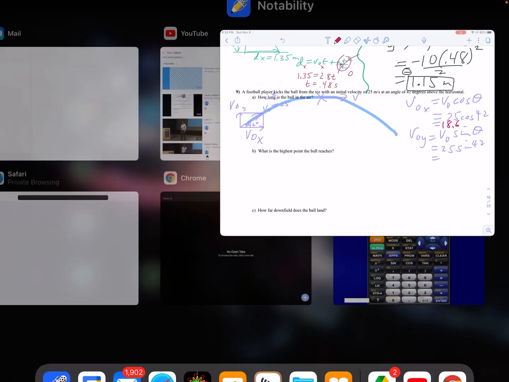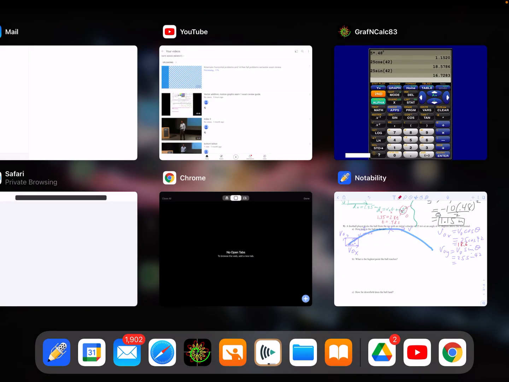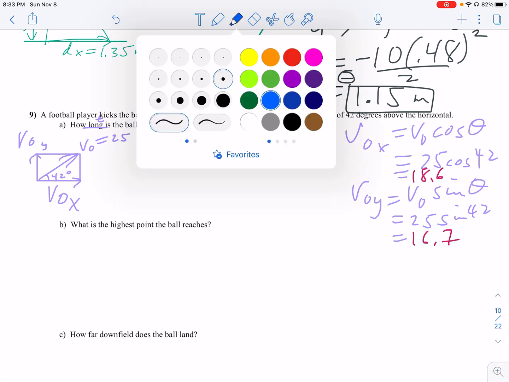And the other one, 25 sine of 42, is 16.7 meters per second going upward. Okay, so the first step you have to do, if they don't give you those values, VOX and VOY, is to find them.